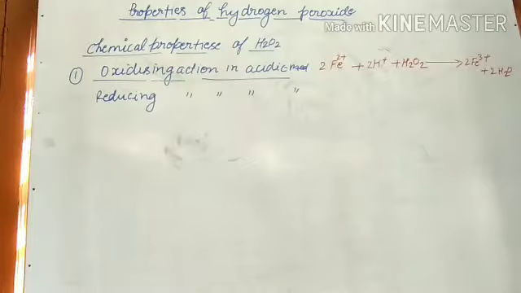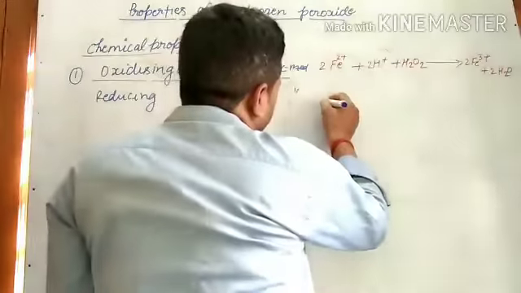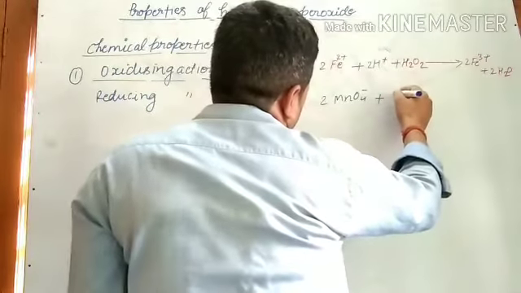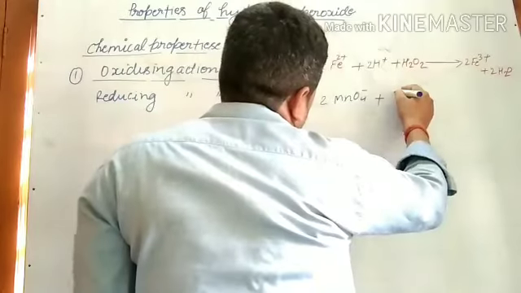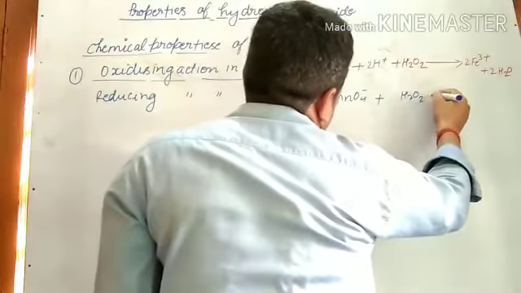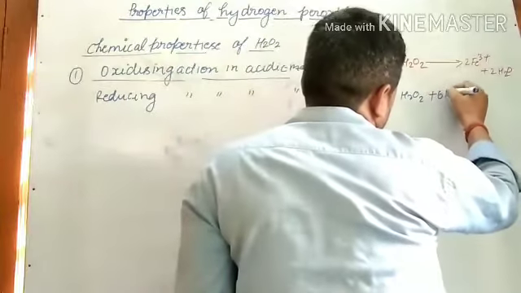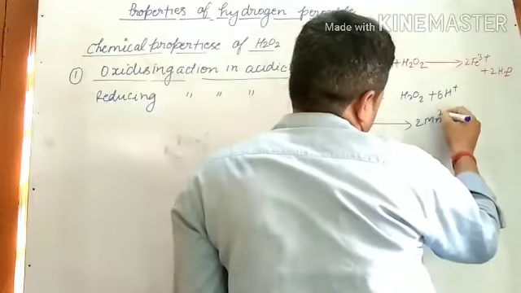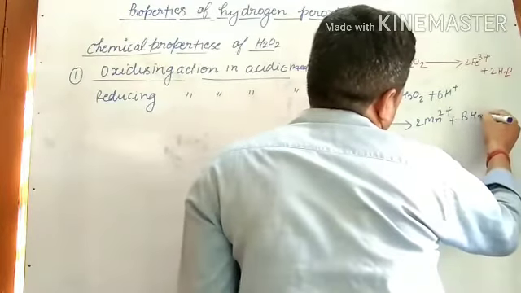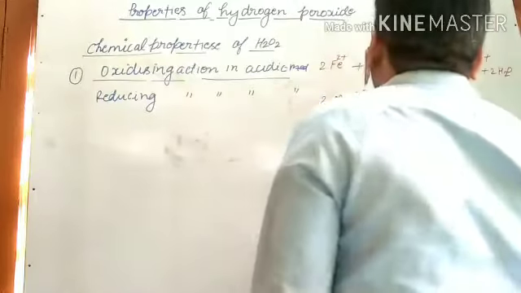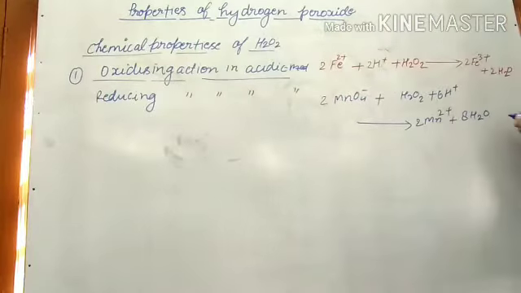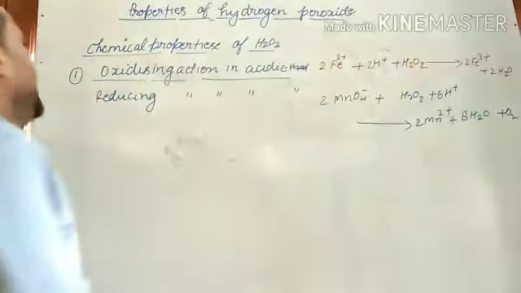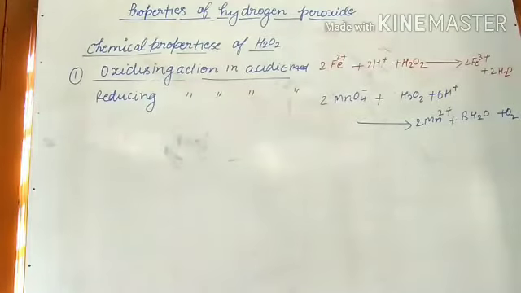Here, 2MnO4- plus 3H2O2 plus 6H+ gives out 2Mn2+ plus 8H2O plus O2. So what you have seen here is that it acts as an oxidizing and reducing agent in acidic medium.